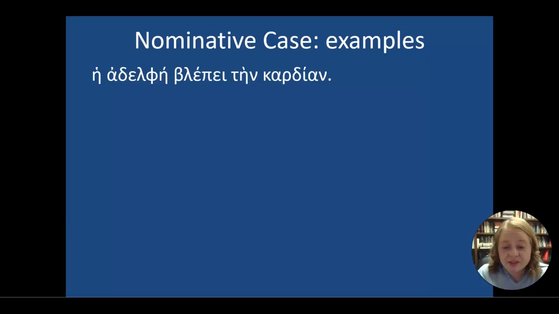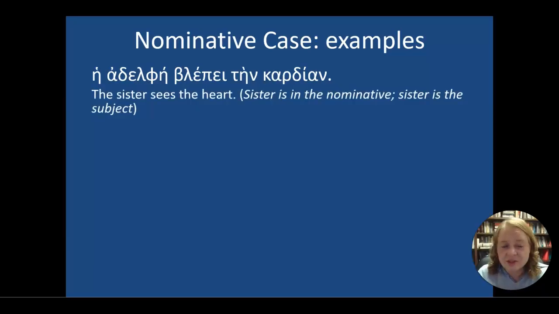And then you have as a vocabulary word, he kardia. But now it looks like this, tain kardion, because it's not in the subject form, it's in the direct object form. And so this is how it translates: the sister, as the subject, sees the heart. Sister's in the nominative, sister is the subject, heart is in the accusative. That's what the sentence looks like.